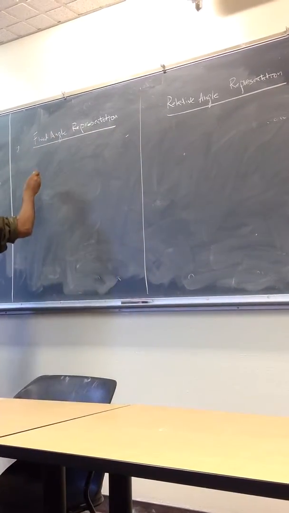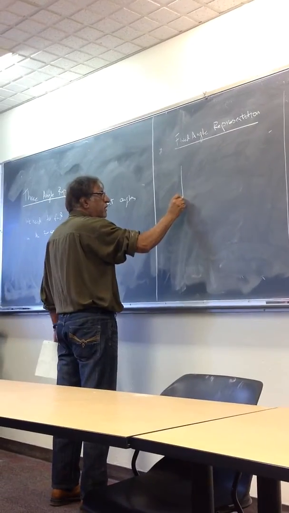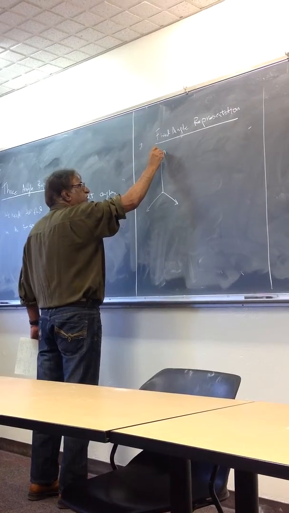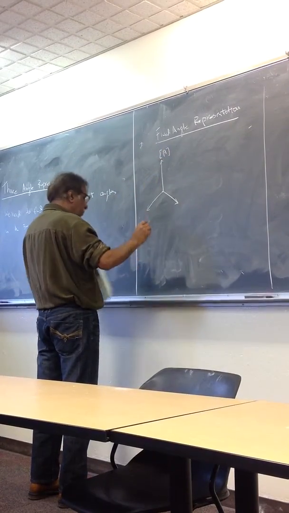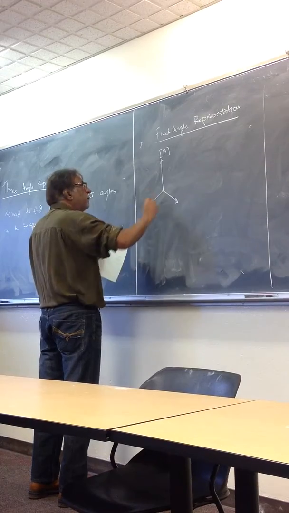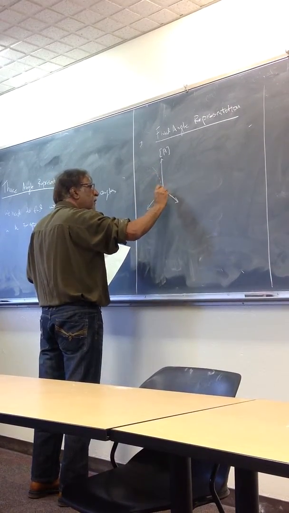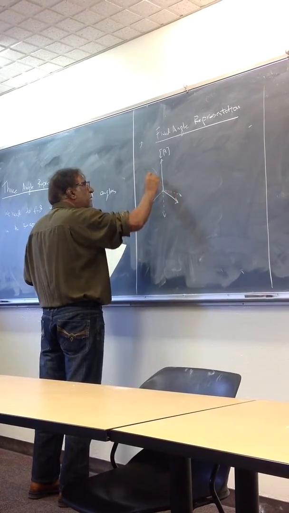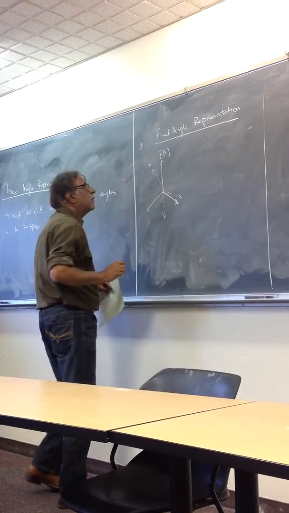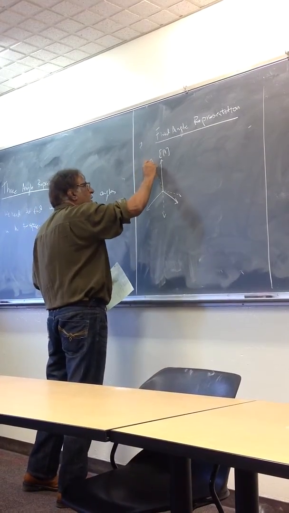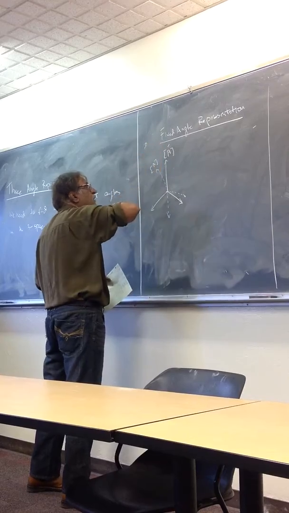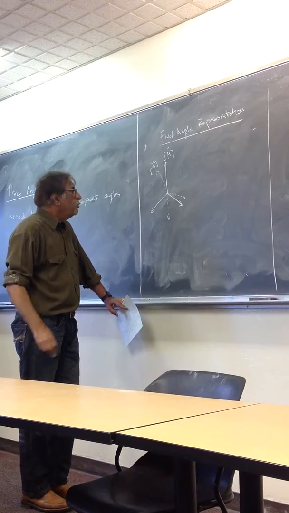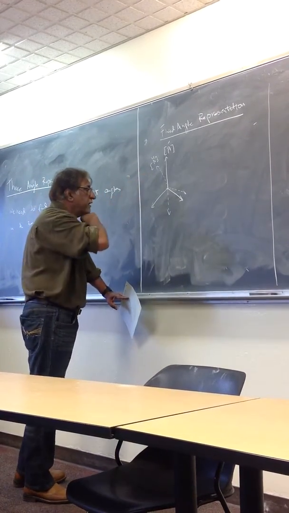Okay, so let's assume that you have a frame A here. This is your given frame A, and you want to rotate it to another frame B. So this is your initial configuration, this is your final configuration. So how do we go from A to B, right?